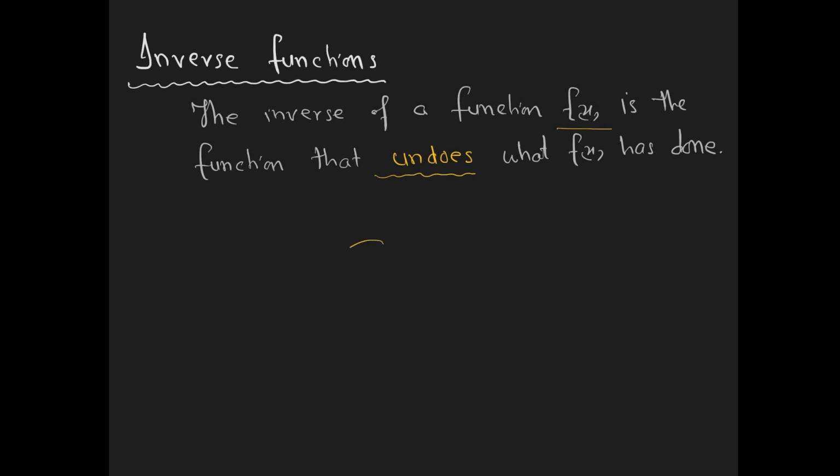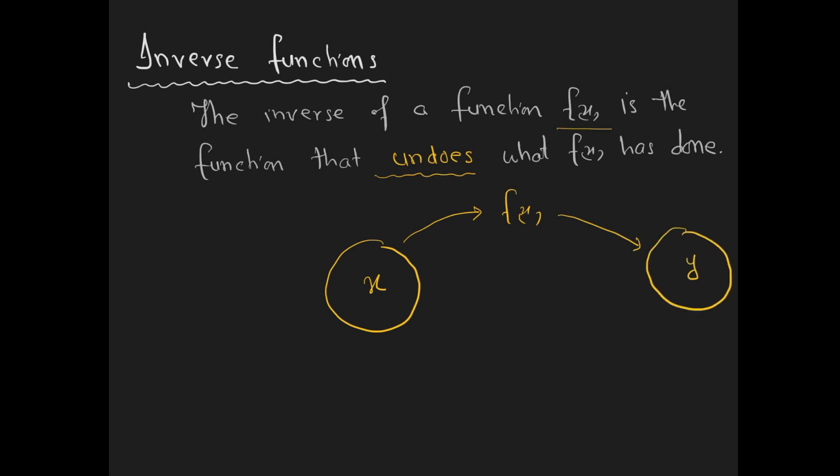It means that if we have x and a function f(x) is applied to that x to give y, then f inverse of x, written as f^-1(x), is a function which when applied on y gives us x. So this function f inverse basically undoes what f(x) has done.